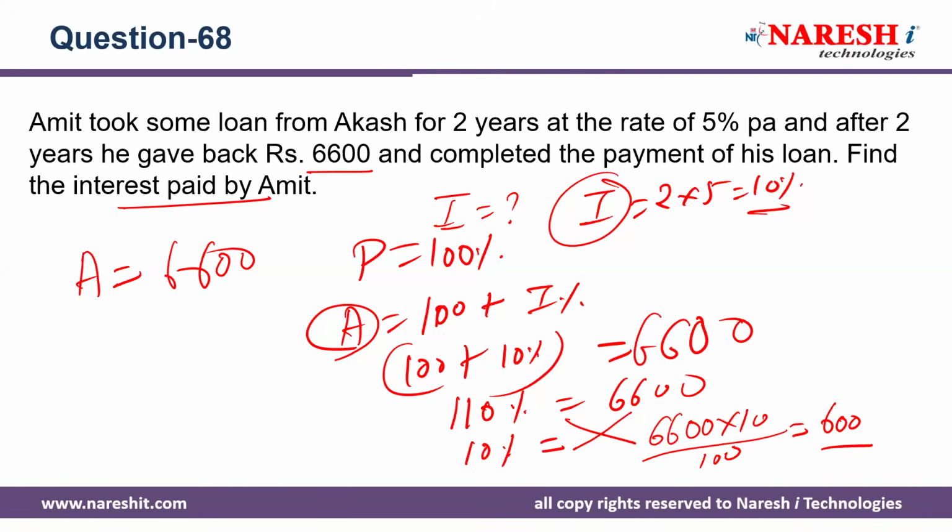If the question is to find the principal, then I will not find the 10% value; I will find the 100% value. But here they're not asking the principal, only the interest value, so just find the 10% value.